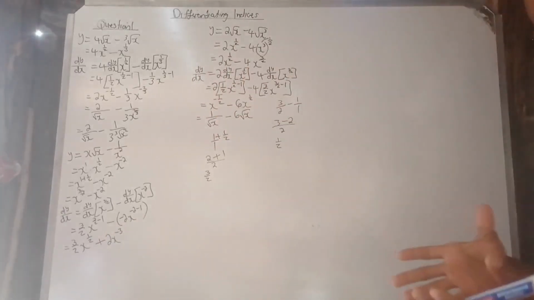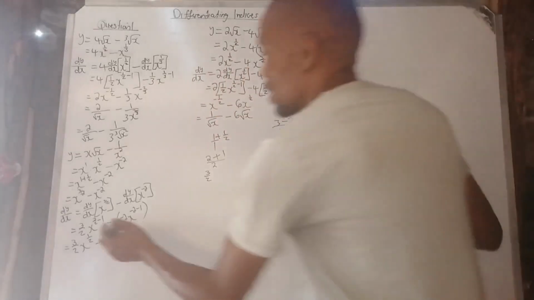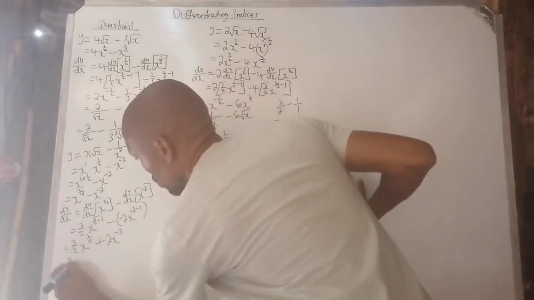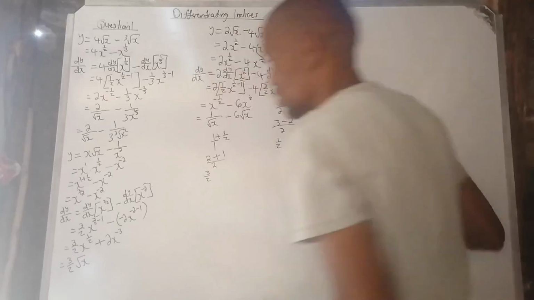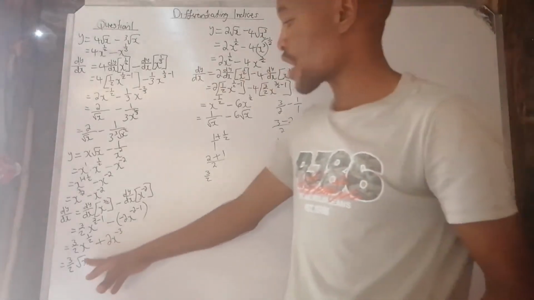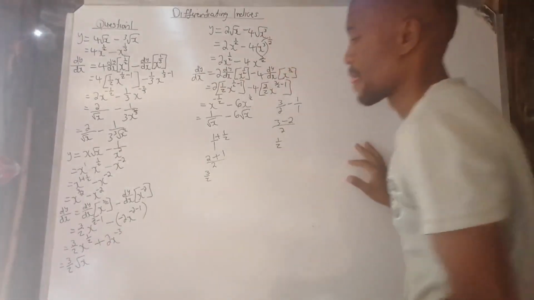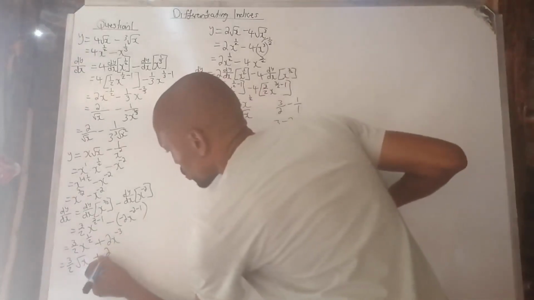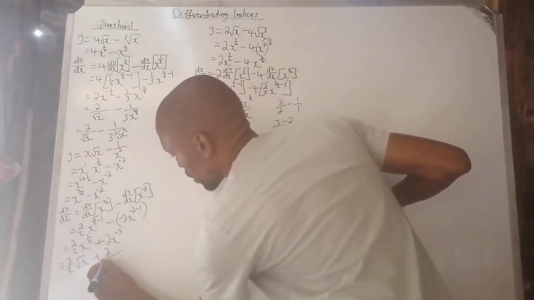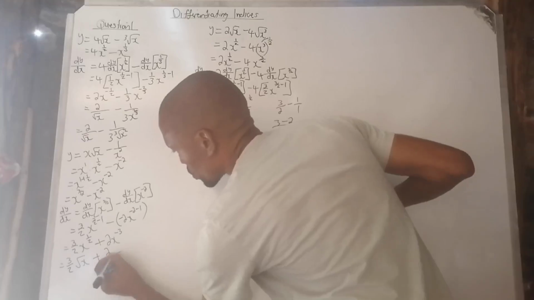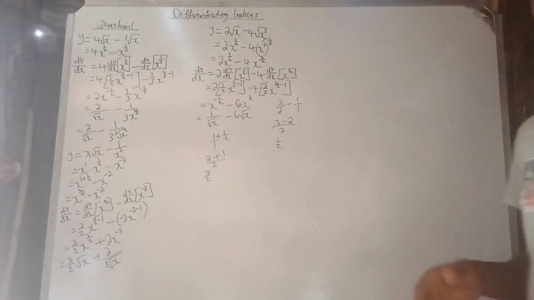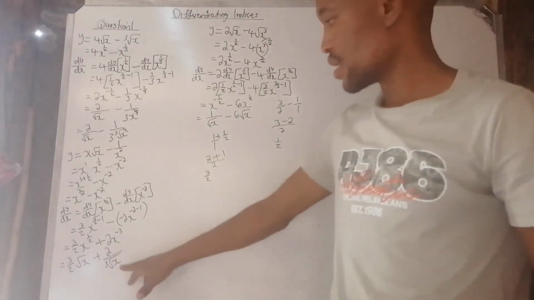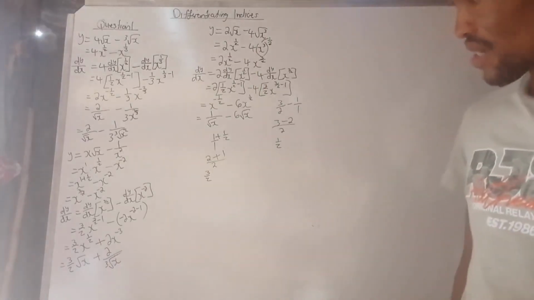Writing this with positive exponents, this becomes 3/2 root x, because we have x to the exponent of 1/2, plus 2 divided by the cube root of x. Very, very important that we understand this.